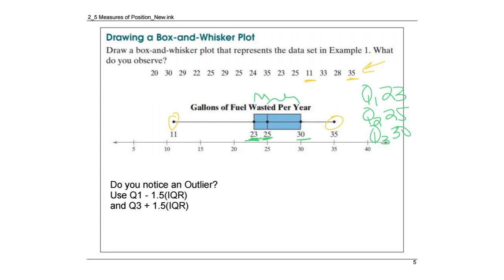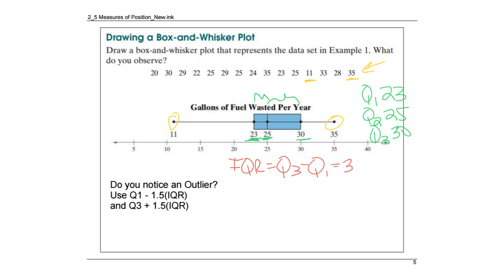All right, so that's my box and whisker, but we want to look at the outliers. First we have to find the IQR. The IQR is equal to Q3 minus Q1.